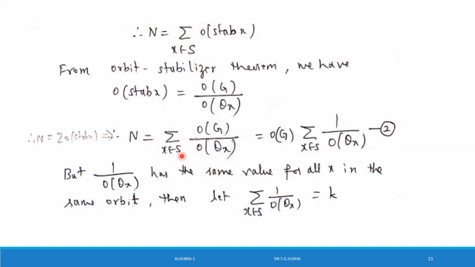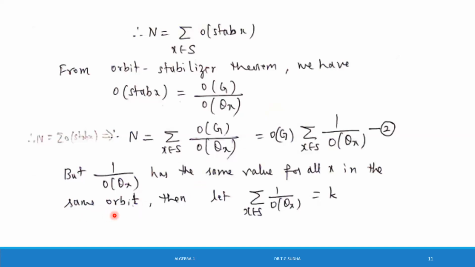Since X runs over the set S, this order of G is common in each and every term of this summation. One can remove order of G as common. So we get order of G into summation 1 over order of OX, and let us name this as 2. But this 1 over order of OX has the same value for all x in the same orbit.